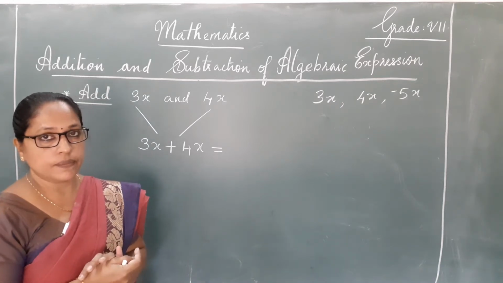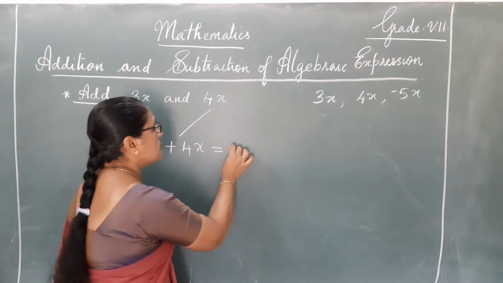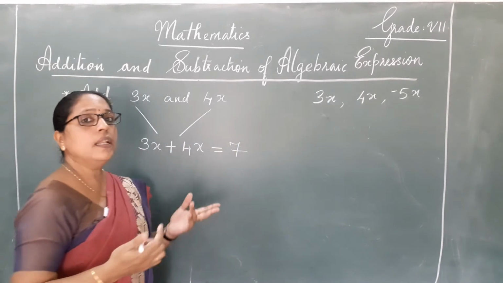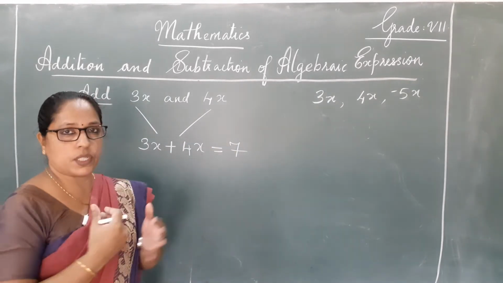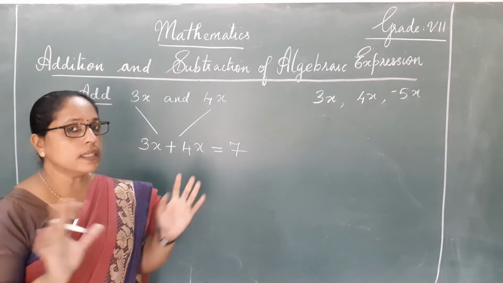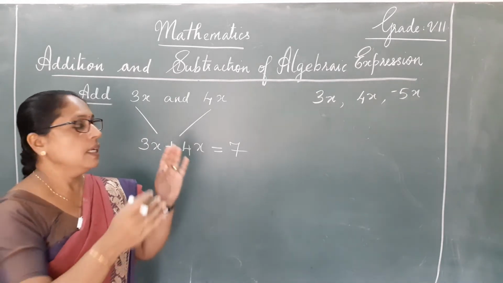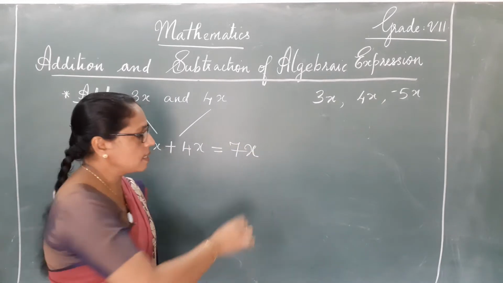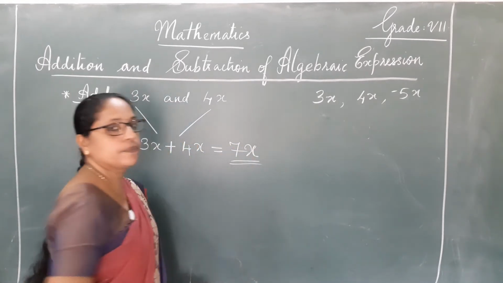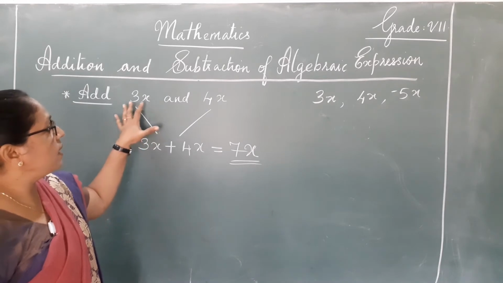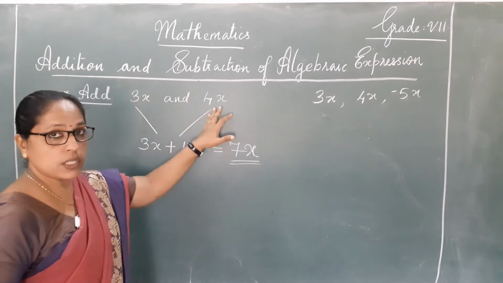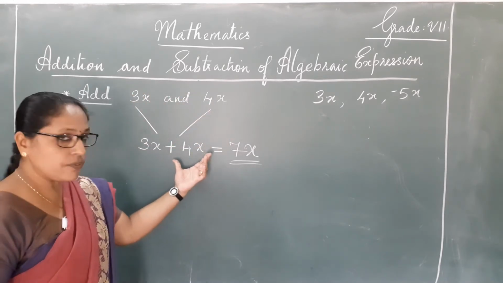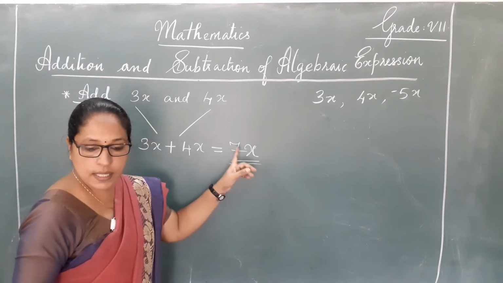What do you get? Exactly, that is 7. What do you do with the literal coefficients? Literal coefficients will not be added. They are kept the same way. So the answer is 7x. We added two like terms, 3x and 4x, and the answer is 7x.